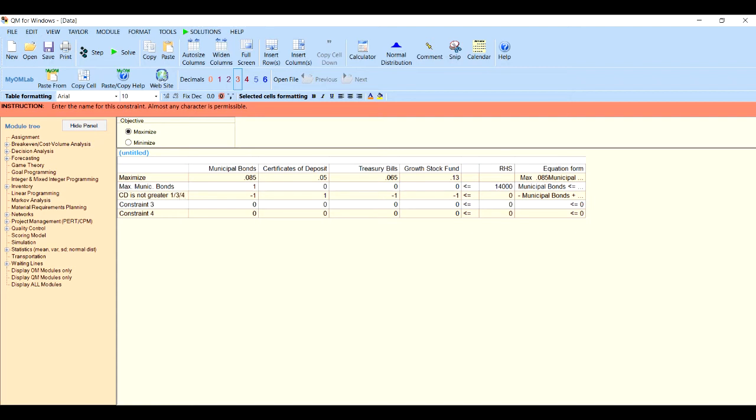So moving on, we'll title this one the ratio invested.